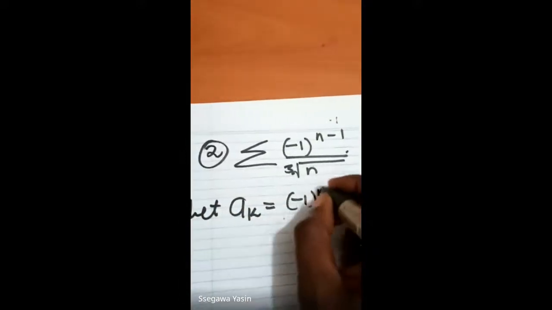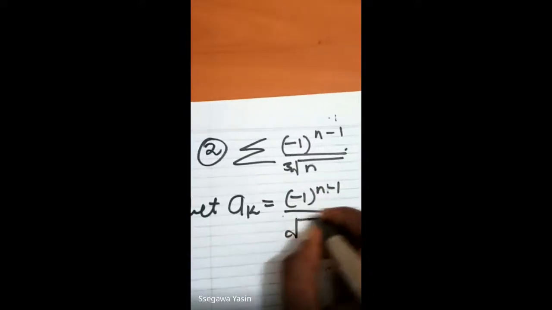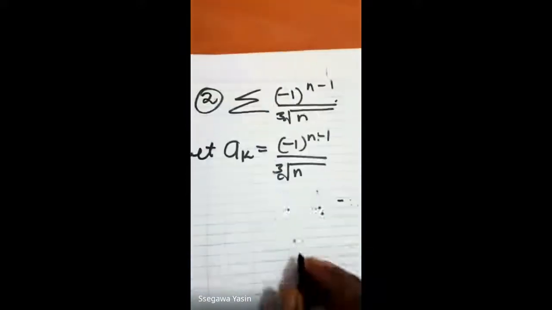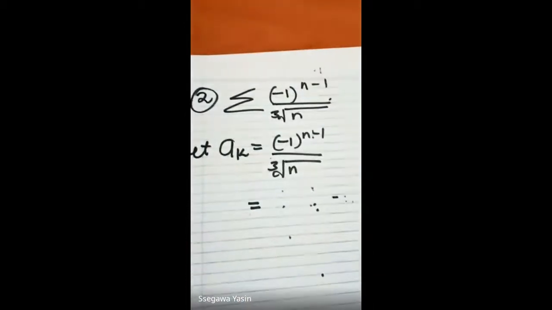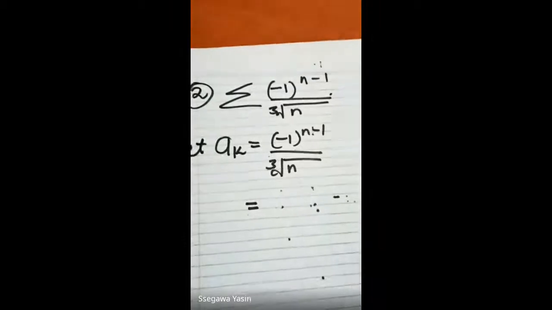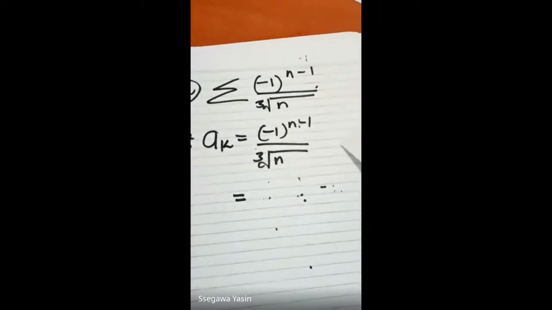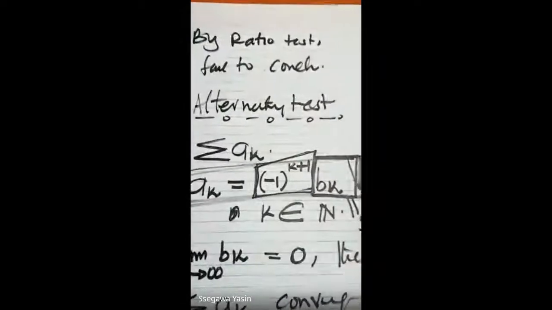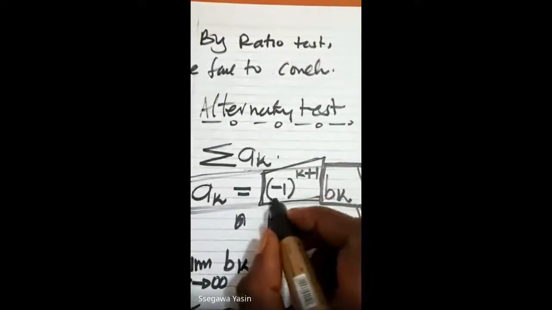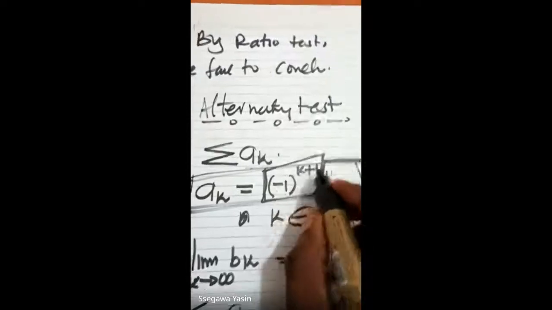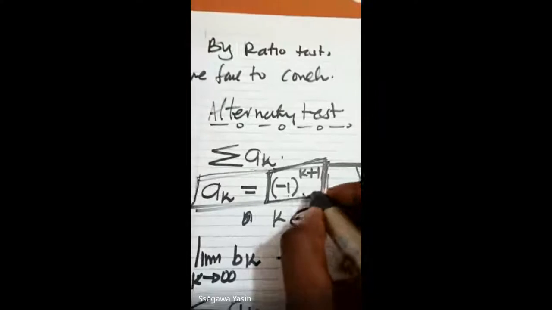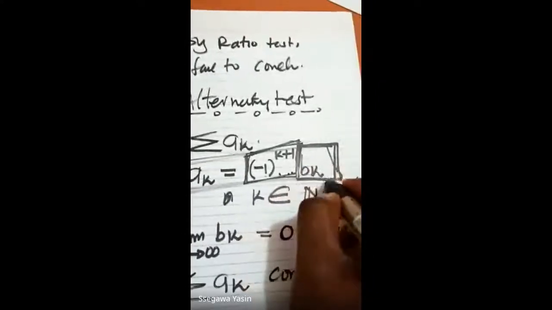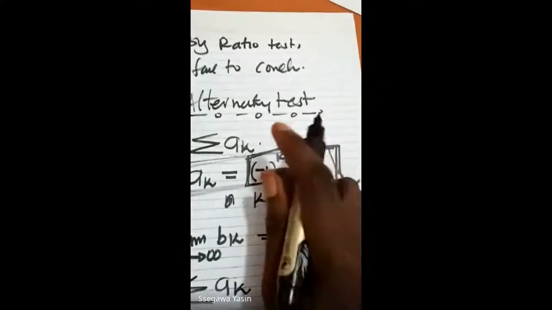Negative 1 to the power n minus 1 all over the cube root of n, and we have said that you must make sure that you rewrite your expression in terms of, it is here. You see this guy is maintaining negative 1 to the power k plus 1. This expression should not be tampered with. Ever should be there. So your work is to generate b_k, but maintaining this guy.